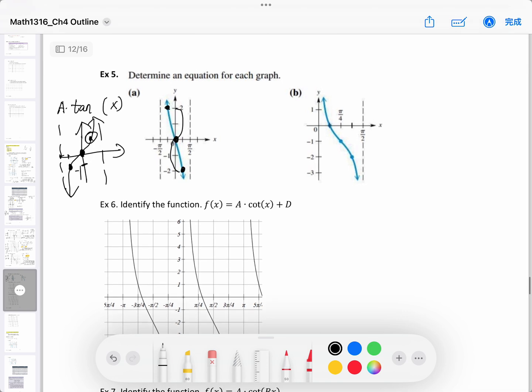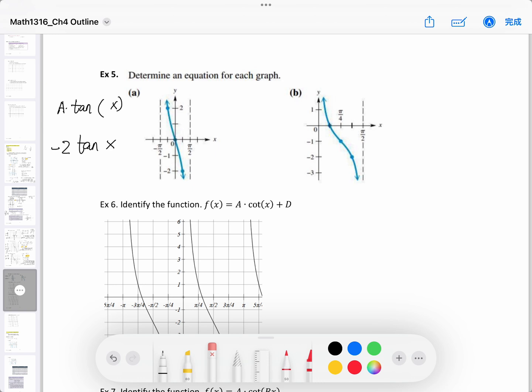And this is the opposite of my graph. This is the reflection along the x-axis. So I'm going to have my function -2 times tangent x. So I found the graph.